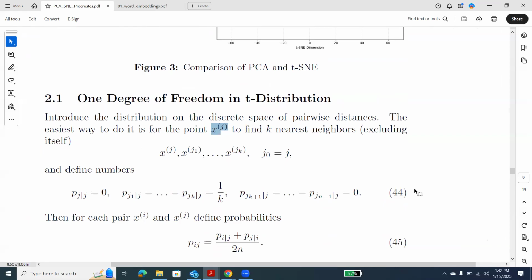For example, we can then introduce the probability distribution as follows. We can assign the probability 1 over k for k neighbors and zeros for other points.